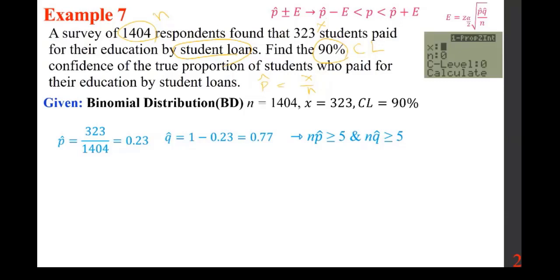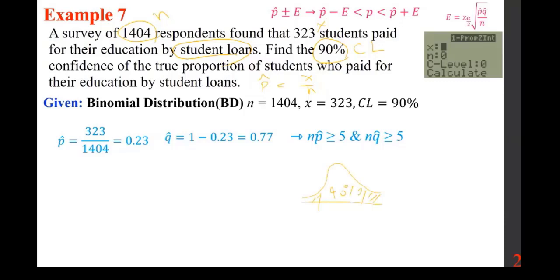In any event, now we are going to go with the normal distribution and using the z-score, because remember that is an approximation when we do that. We are going to the normal distribution. Having said that, we need to use this formula for E: z alpha over 2 times the square root of p-hat q-hat over n, and then you really need this 90% in between.